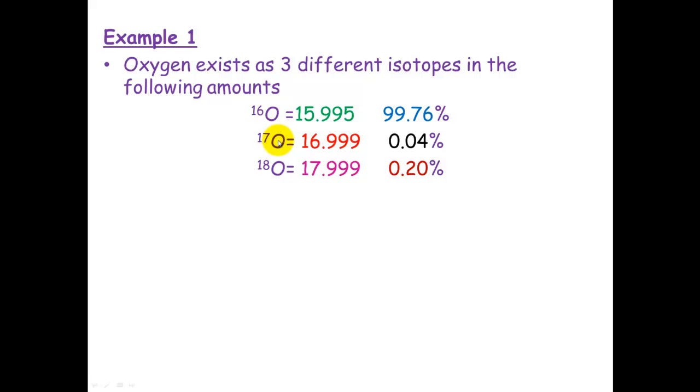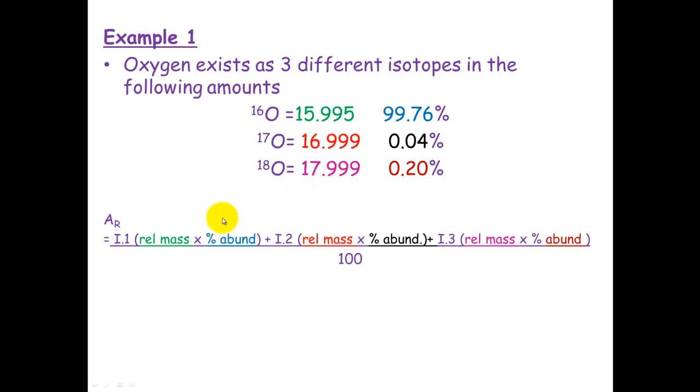However, there are small amounts of oxygen 17 and oxygen 18 that exist. 0.04% is oxygen 17 and 0.2% is oxygen 18. We have to take those into account when we're working out our relative atomic mass.